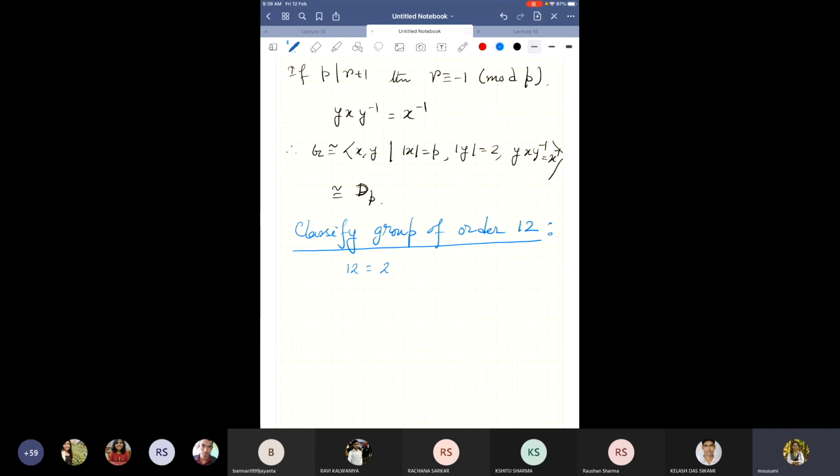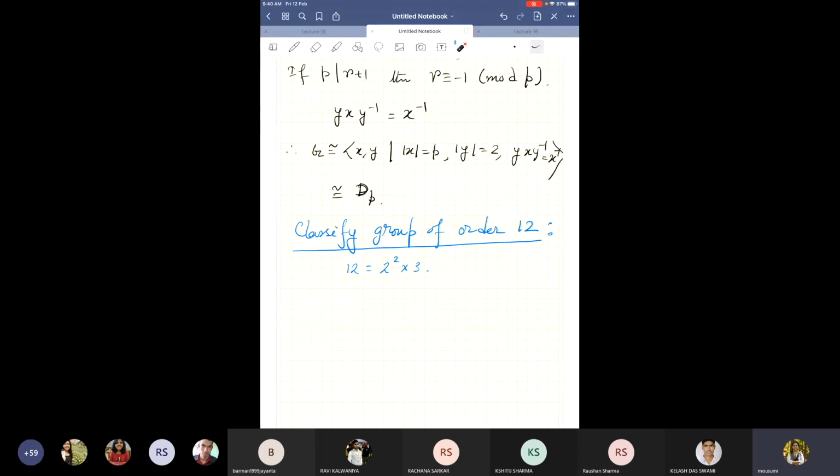So 12 is nothing but 2 square into 3. So what are the possibilities for Sylow subgroups? Sylow 2 and Sylow 3. What will be the order of a Sylow 2 subgroup? 4, because the highest possible power of 2 is 4. That means Sylow 2 subgroup will be of order 4.